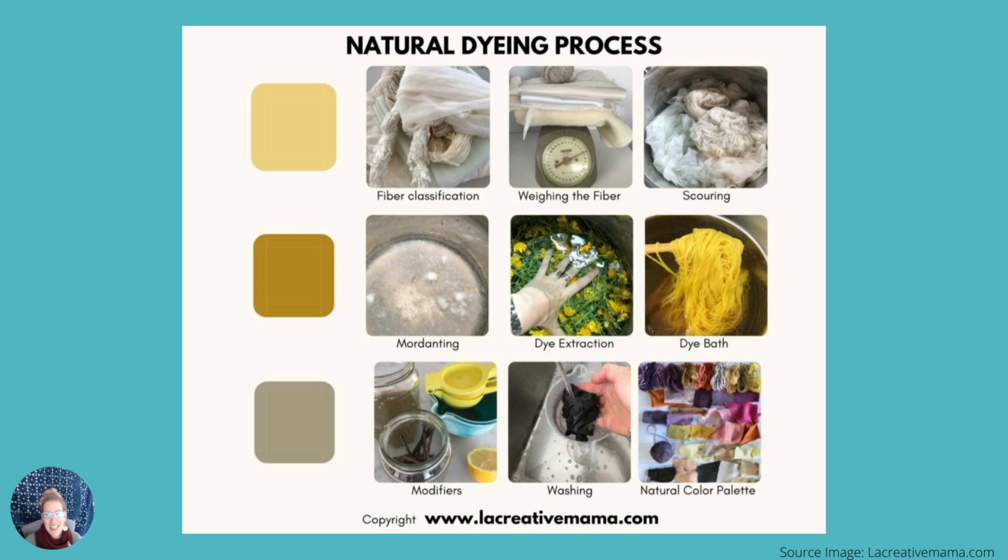Next, if you are using any types of additives or modifiers like a cream of tartar, which sometimes enhances the vibrancy of the dye, you'll add that to your dye bath. And then finally, once your dye is complete and you've achieved the color that you want, you'll remove that fiber from the dye bath and extract the water by washing it.